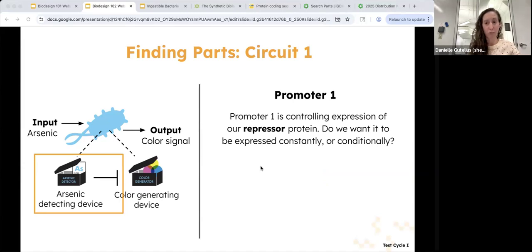Do we want our repressor to be expressed all the time or only certain times? So remember, our ArsR repressor protein, that's our arsenic sensor. So it's going to turn on color expression when arsenic is present. So do we want our arsenic sensor to be there all the time or not? What do we think? Yes or no?